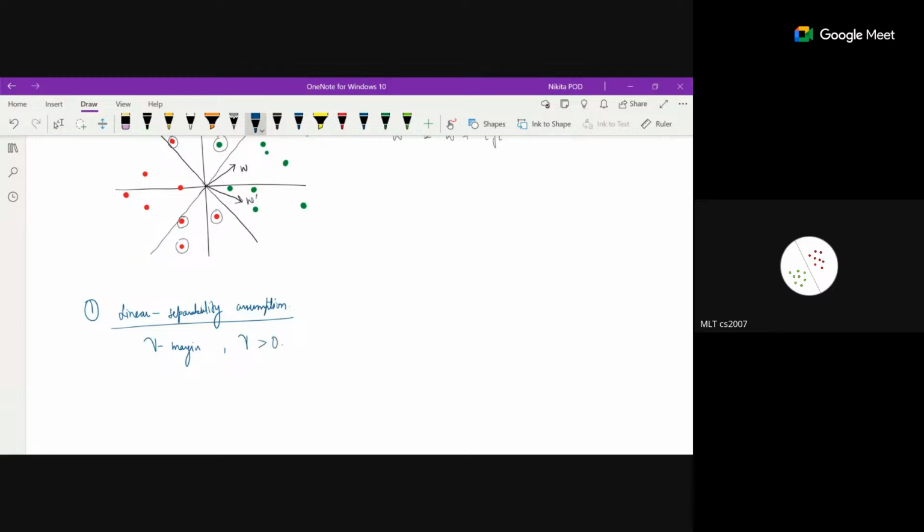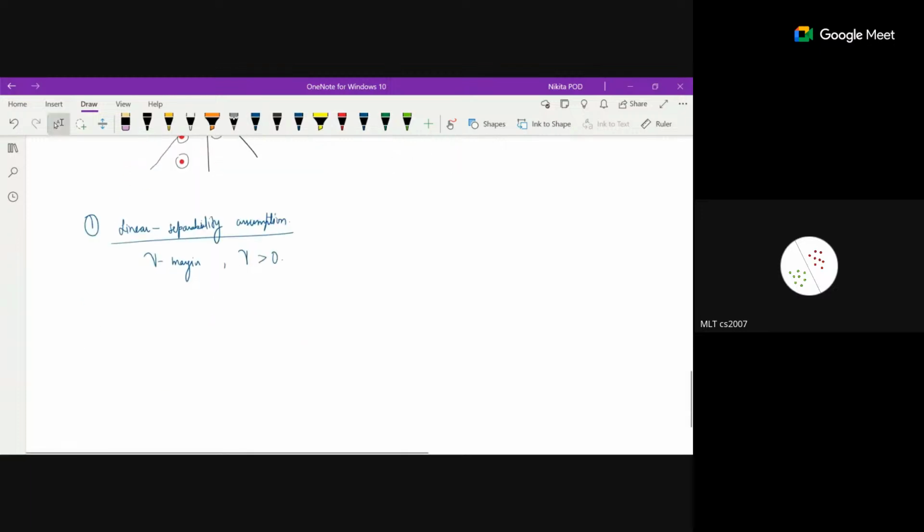If I look at this figure, suppose this is my W and this is the hyperplane. Now I have my data set, let's say the negative data points are on this side and the positive data points are on this side.